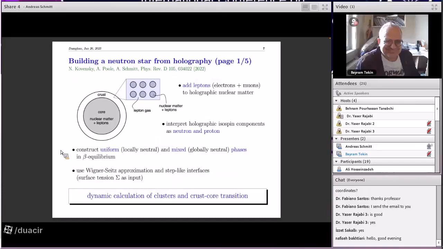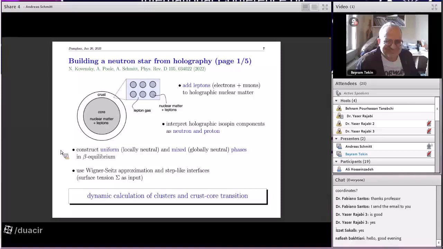All right, so for the last 10 minutes or so, which I have, let me use that to get to the main result about neutron stars. So here's a little sketch of what a neutron star is, in case you've never seen this. There's a core and a crust.